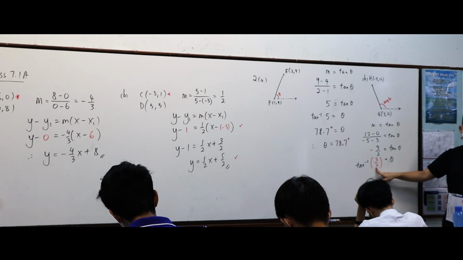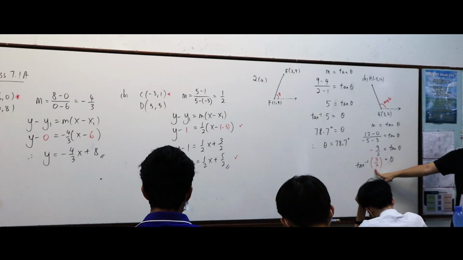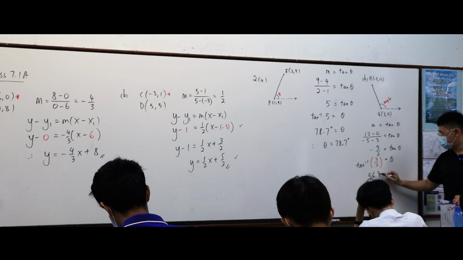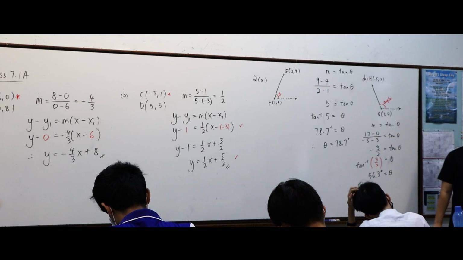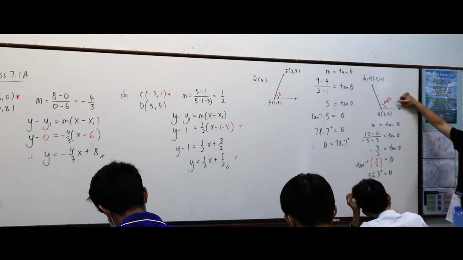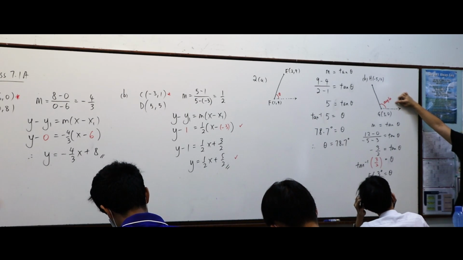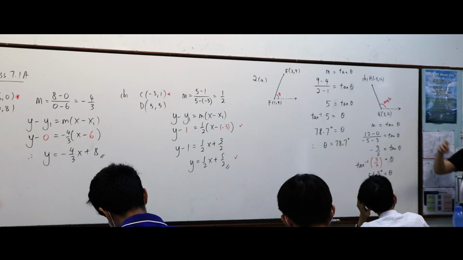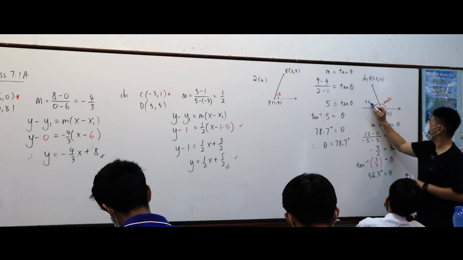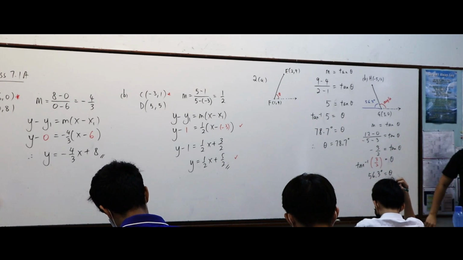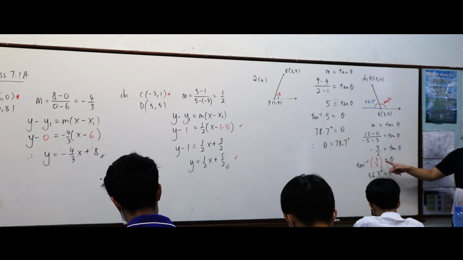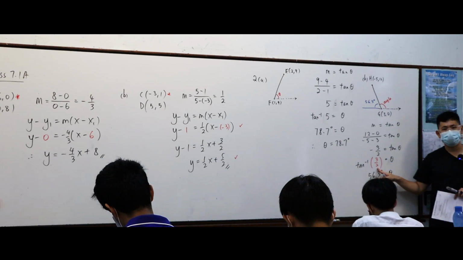Okay, so what is this number itself? 50 something degrees? Okay, so 56.3 degrees is equals to this theta. Now where is this 56.3 on this line? The 56.3 degrees is actually over here. Correct, but we are only looking at the absolute value first.